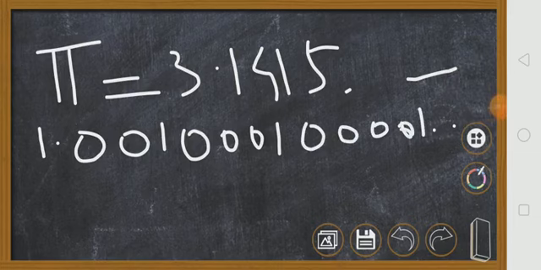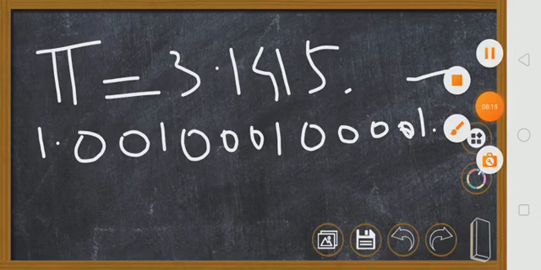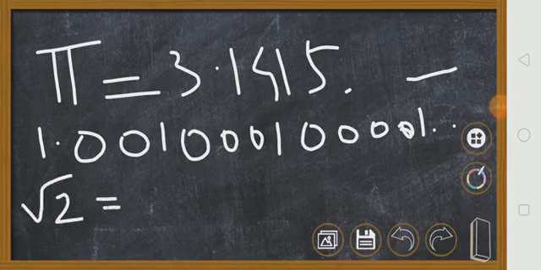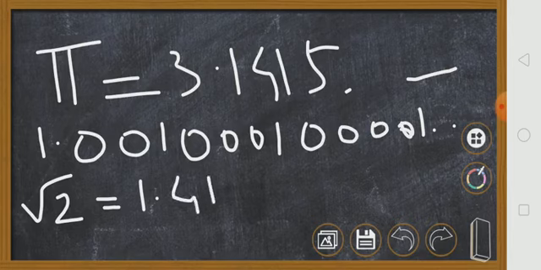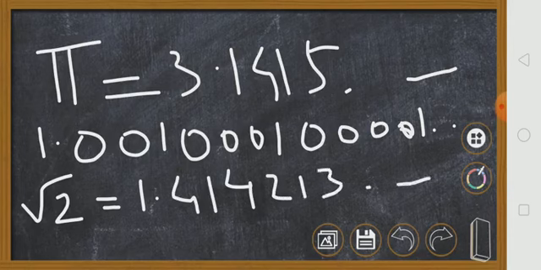No. So these are your irrational numbers. Similarly you can say root 2. Root 2 is 1.4142 and so on. Is any of the digits repeating? No. So it is an irrational number.